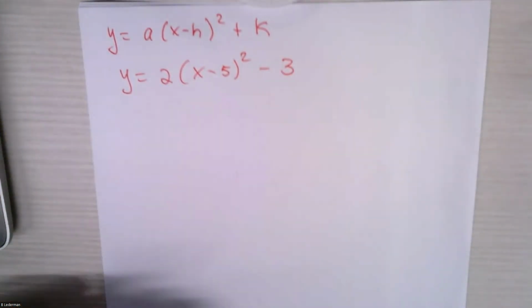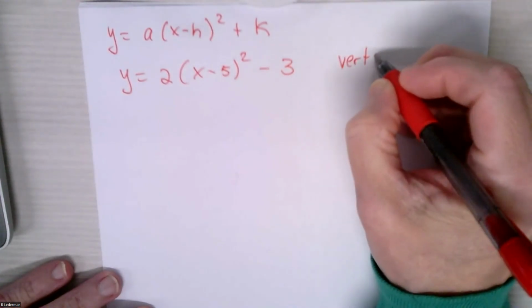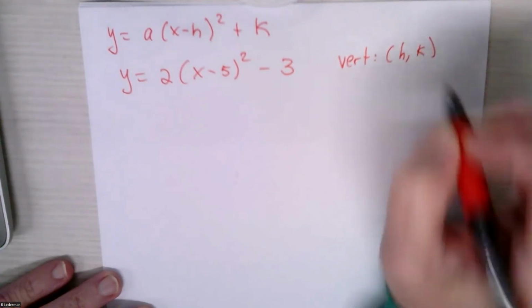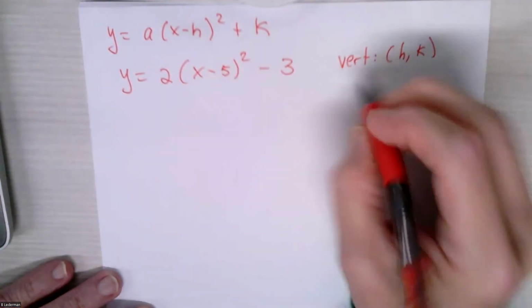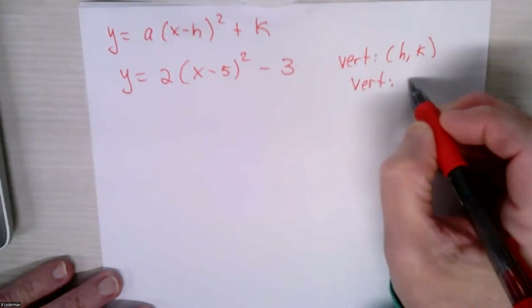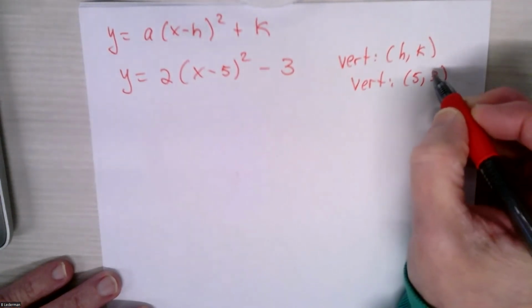Now, what's nice about this is that the vertex, I could see immediately, is going to be h comma k. So the vertex in this example is going to be 5 comma negative 3.